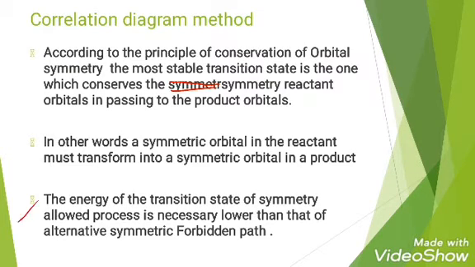Next, the energy of the transition state of a symmetry allowed process is necessarily lower than that of the alternative symmetry forbidden path. Different types of transition states exist, but the symmetry allowed transition state is necessarily lower than that of the symmetry forbidden paths.